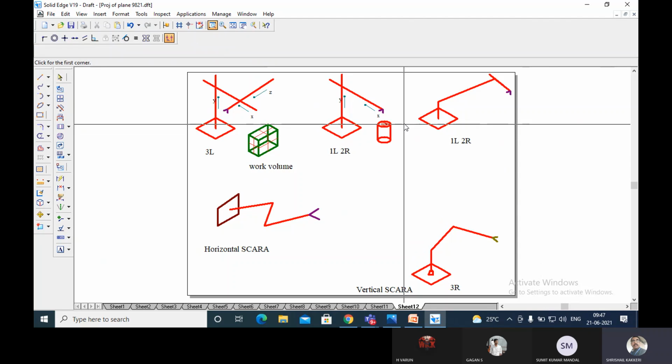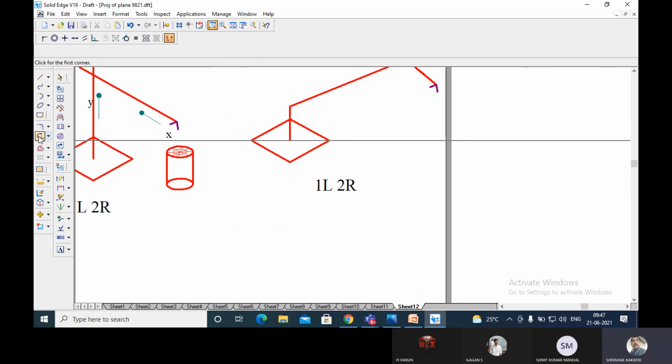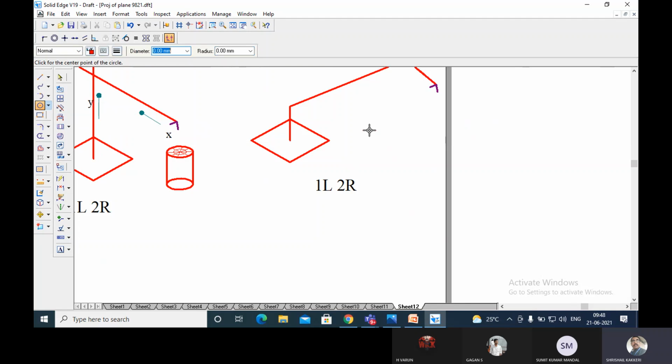And the spherical coordinate system, it will be in the form of a sphere, as I told you. A segment of a sphere it will be.